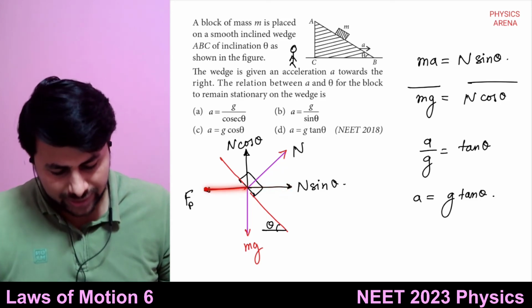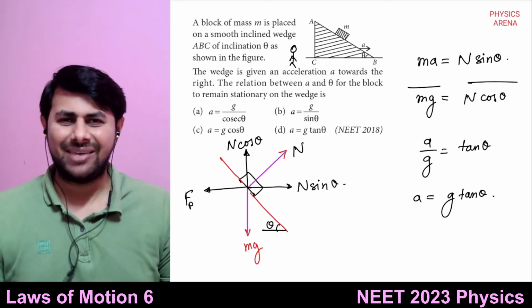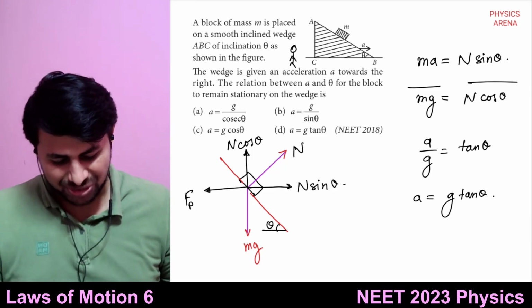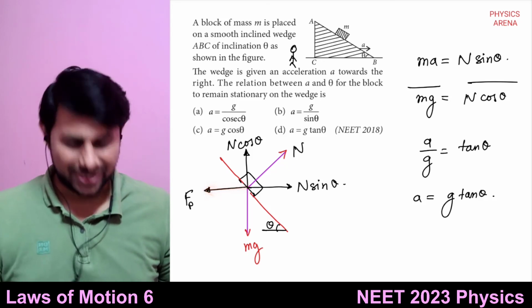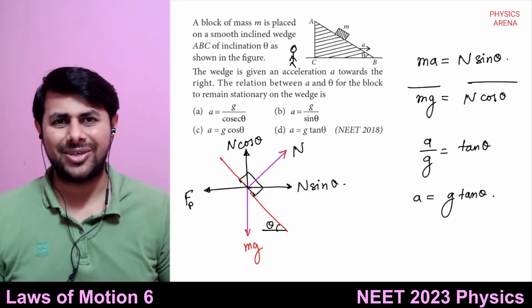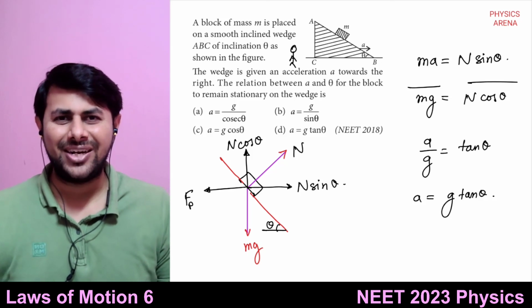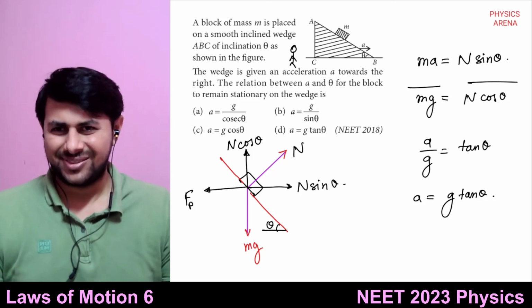It is balancing the pseudo force acting on him, and that's his reason that I am at rest. There is a pseudo force acting on me, which is towards left, and the horizontal component of normal reaction is balancing that pseudo force. So all the forces acting on me are balanced, and that's why I'm at rest. Got this?